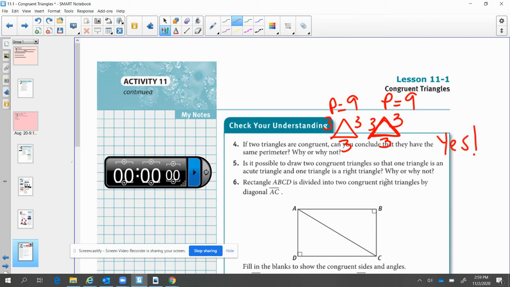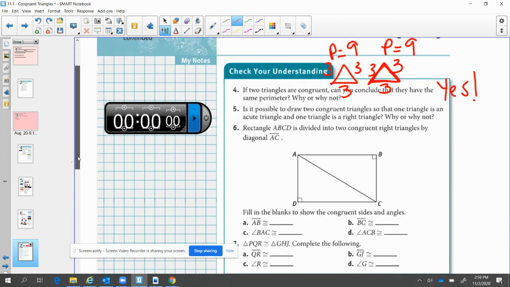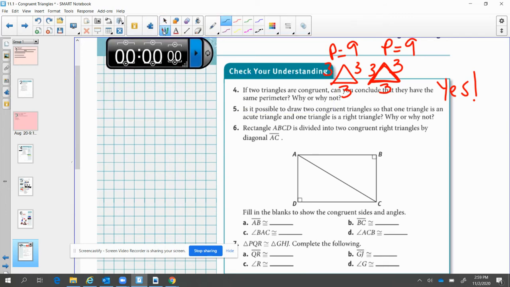Now, is it possible, however, to draw triangles that are acute and congruent versus a triangle that is right? Could they be congruent, the acute triangle and the right triangle? Well, the answer is no. Because if we have two triangles, the one that is right would have to have a right angle.